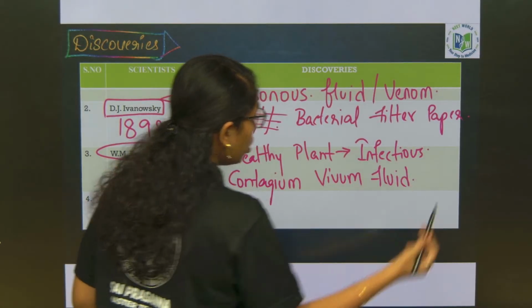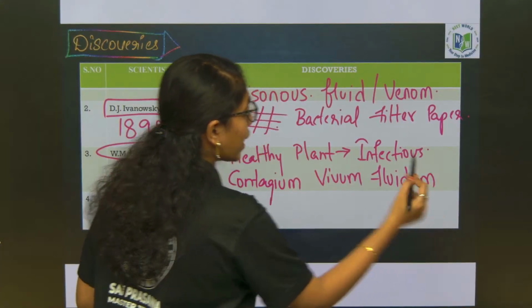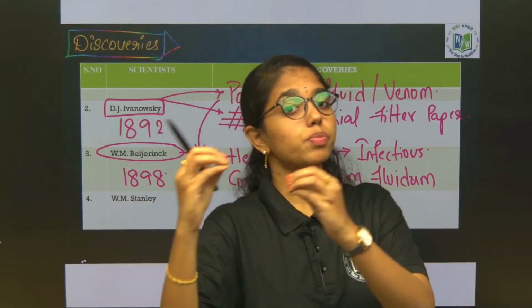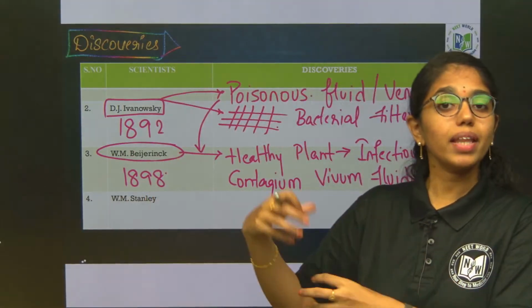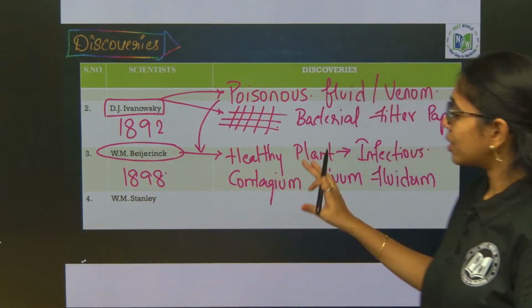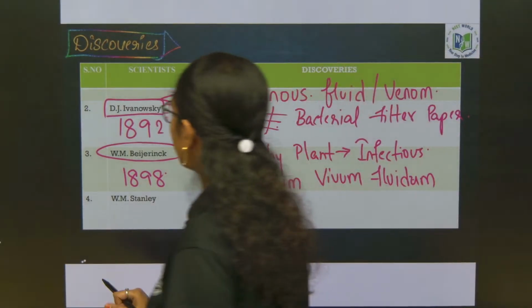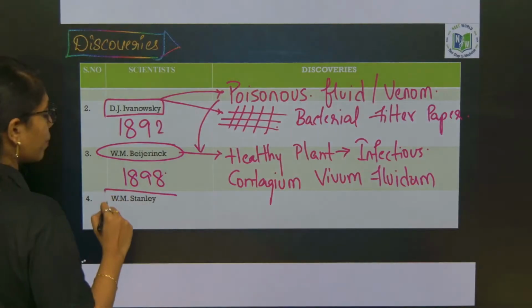So the fluid extracted from a diseased plant, when transmitted to a healthy plant, affects that plant too.